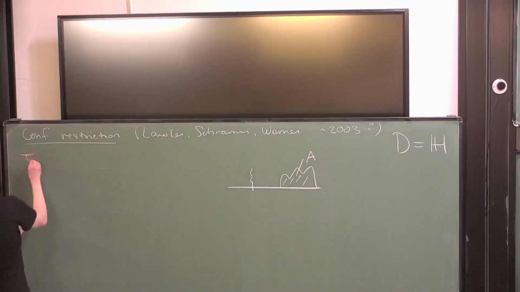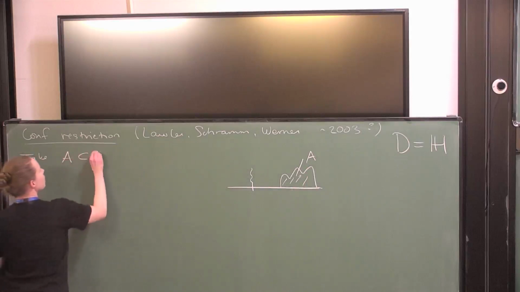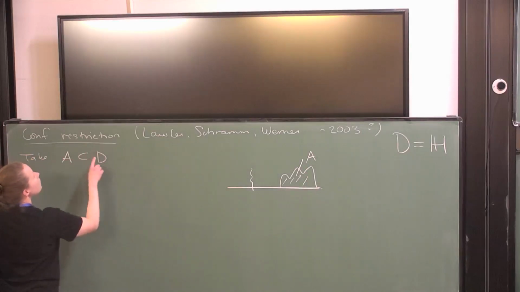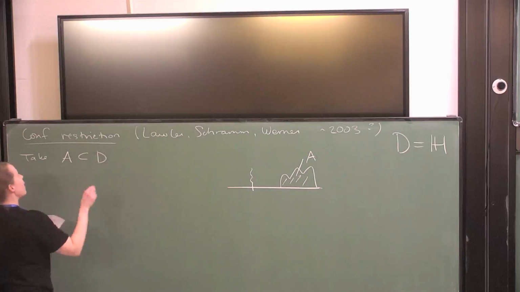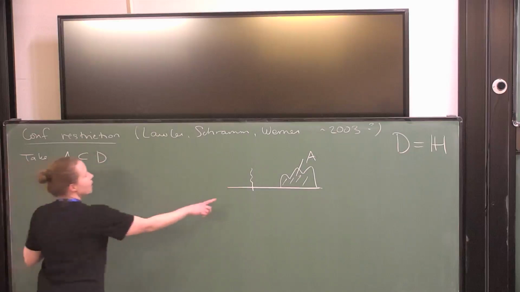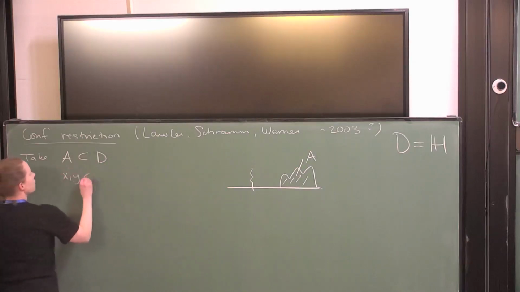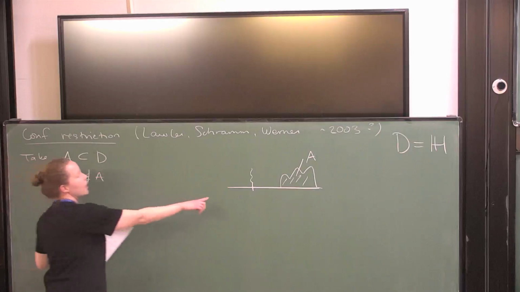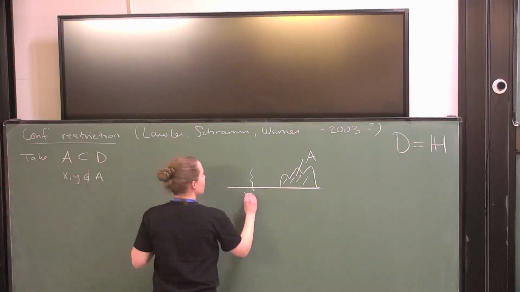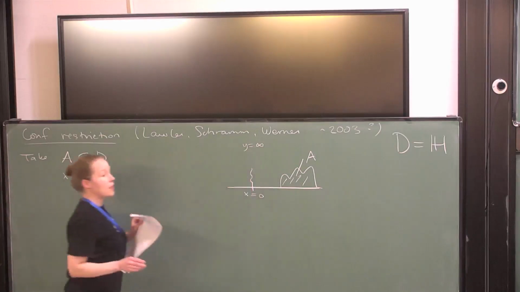So you would take A to be some subset of D, which is now the half plane, so that these starting and end points are not there, I guess. And maybe here my starting point x will be 0 and y will be infinity for the normalization.